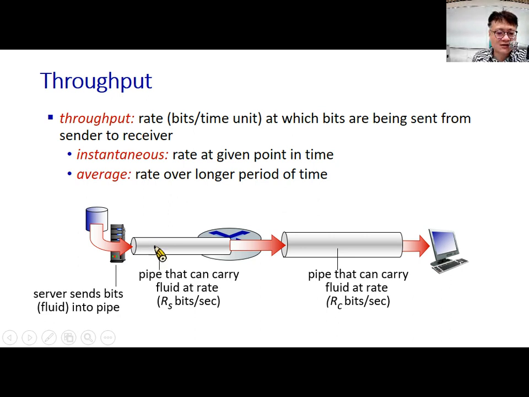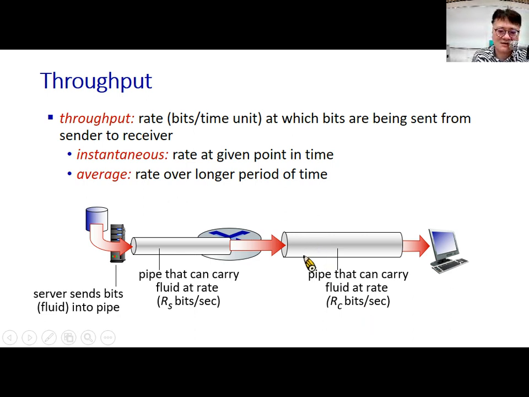maybe a very thin pipe, and this is a very thick pipe, right? The thin pipe goes to the thick pipe. And here is Rs, the rate at the front end is Rs. And the thick pipe carries at rate Rc, right?